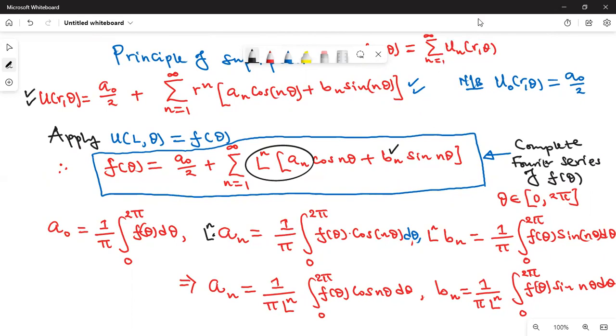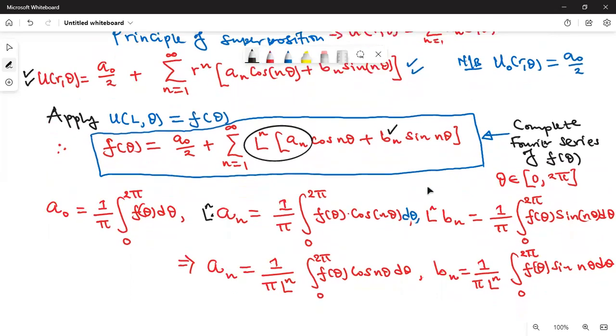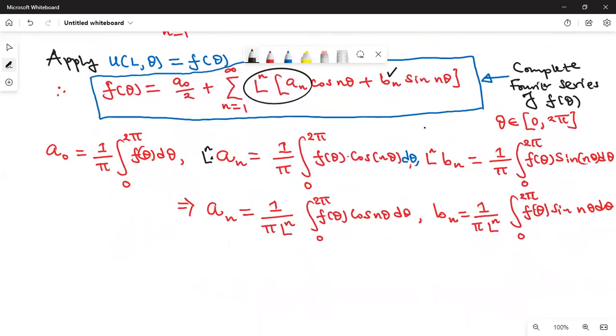So let's replace them in that equation that I have ticked. So therefore our particular solution, which is u of r theta, equals a naught over 2. So that when you divide a naught by 2, you get 1 over 2 pi, the integral from 0 to 2 pi of f of theta d theta.